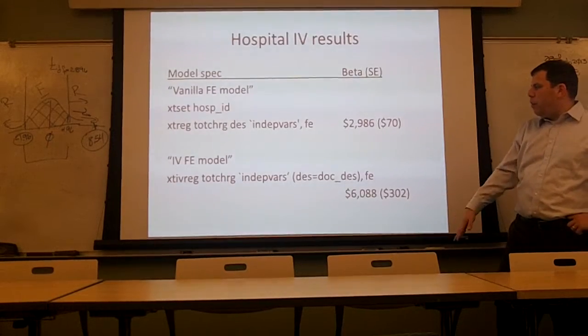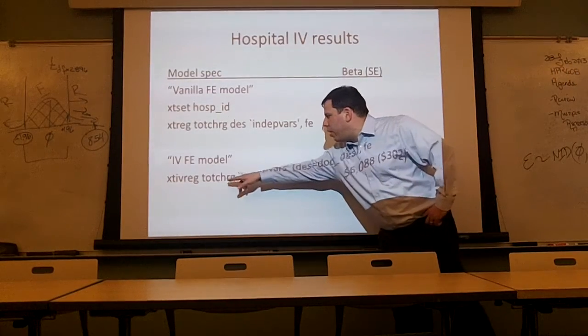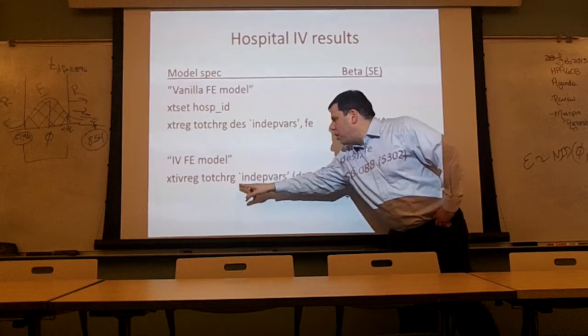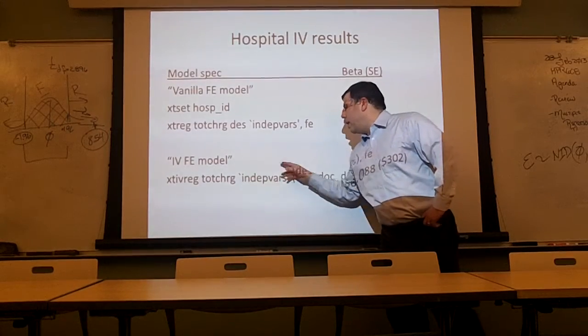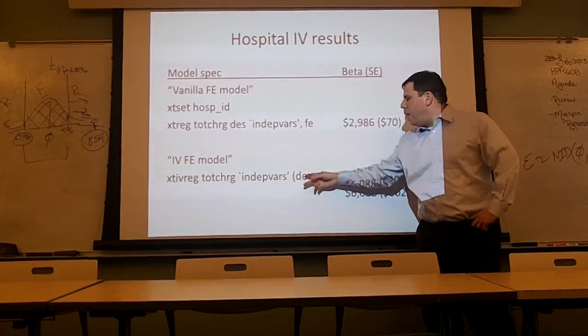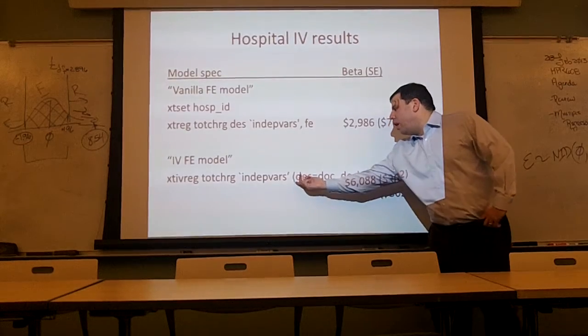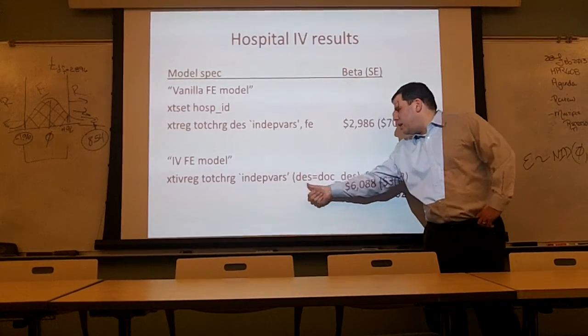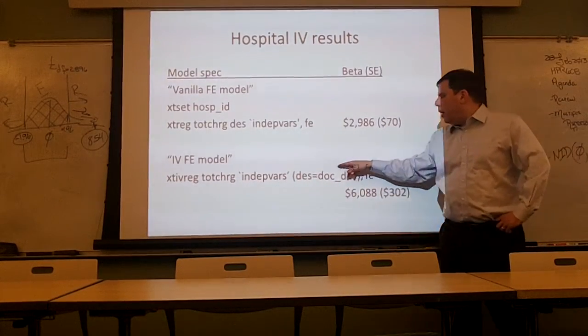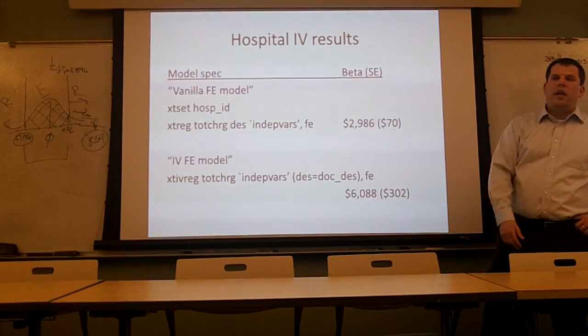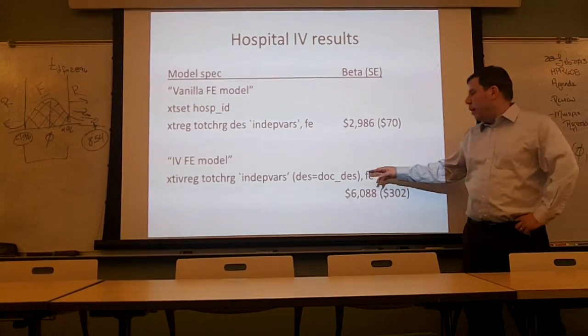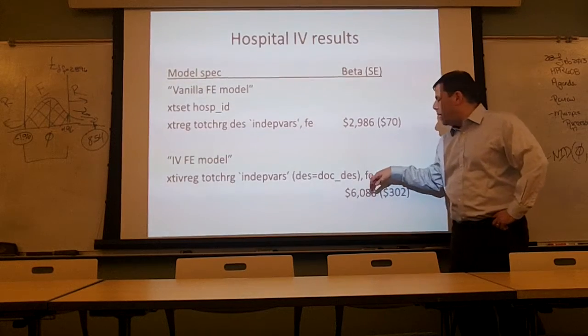Again, linear regressions on both ends. Similar to the IV regress command, total charge is a function of the exogenous controls, and then we're identifying the instrument for our endogenous treatment variable DES, which is your physician's lag quarterly drug-eluting stent use rate, and we're asking for fixed effects.